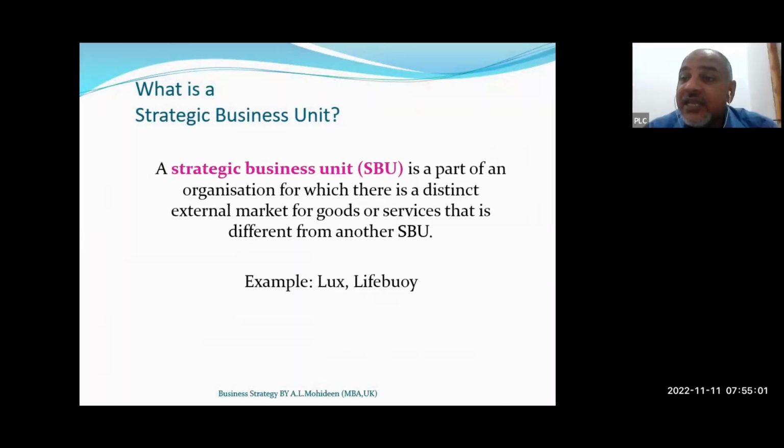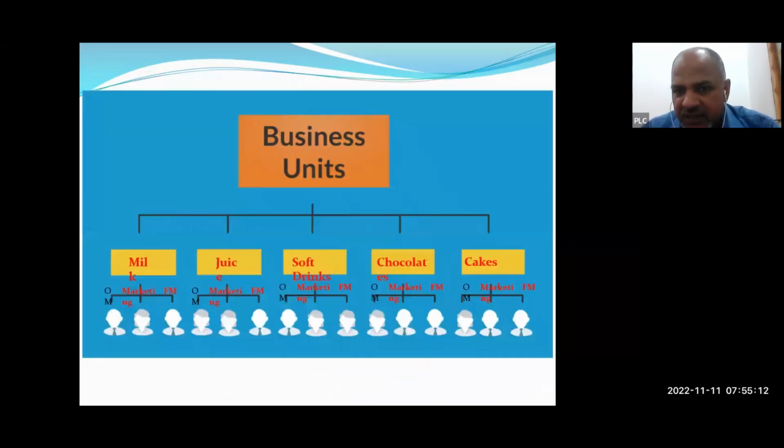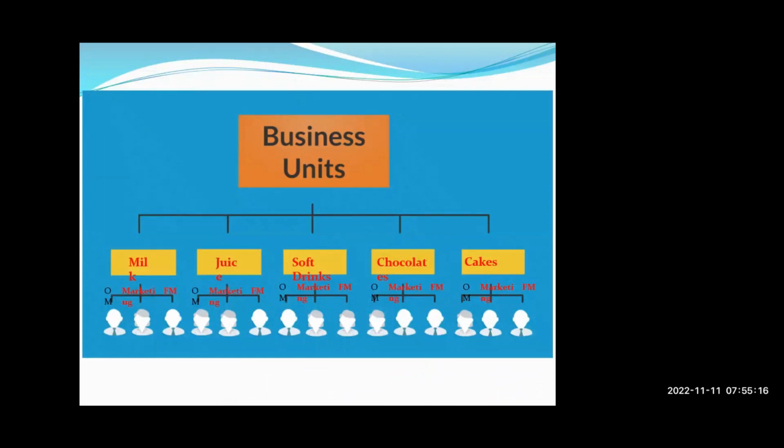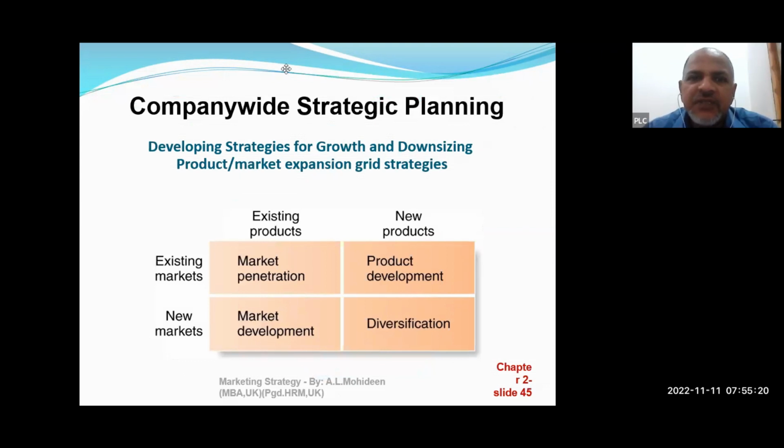Clear? So whatever strategy the organization takes, according to that strategy, your procurement process and role will change. This is my point. Second thing, this is one type of strategy.